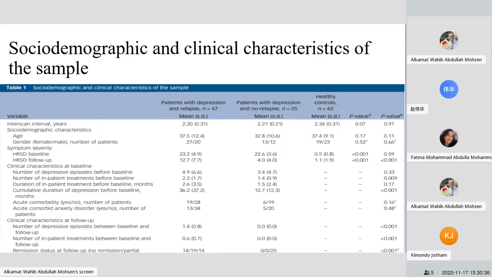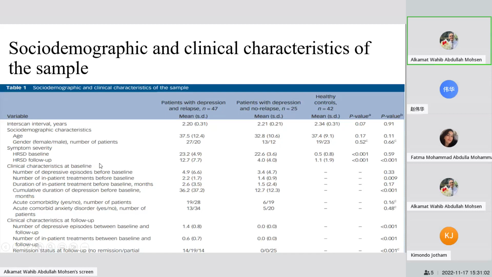So here, as we said, is the description of the data collection for the MRI and the clinical characteristics of the samples. As we can see here is the value, and the age also included, and the HRDC baseline and others.